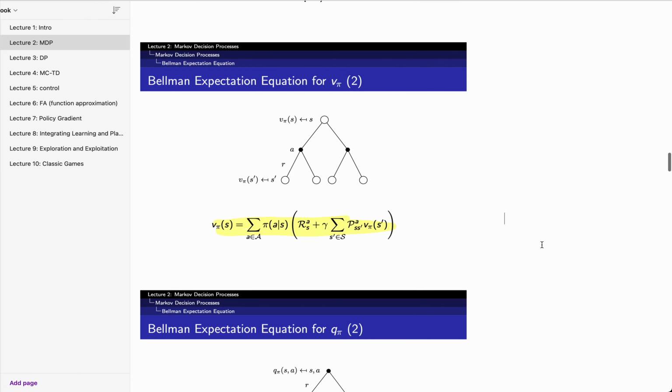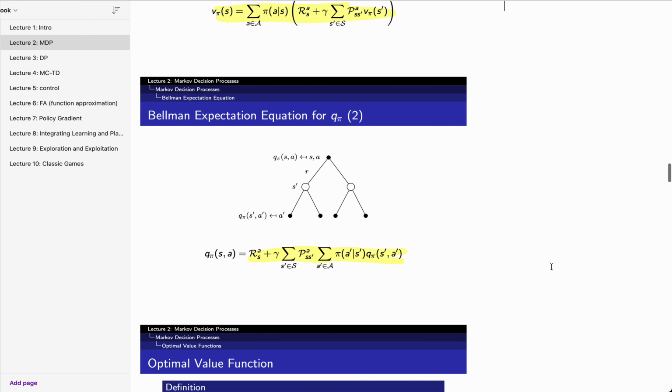I hope it makes sense. Basically, just summing all the nodes in the tree in order to get the value function for state s. Similarly, you can get the action value function Q pi by summing all the nodes in the tree. For Q pi, after taking this action, you get the immediate reward plus each of the state value functions times its probability times lambda.